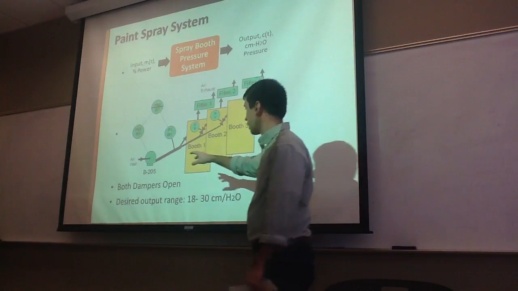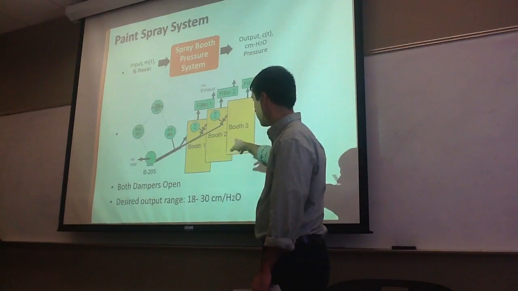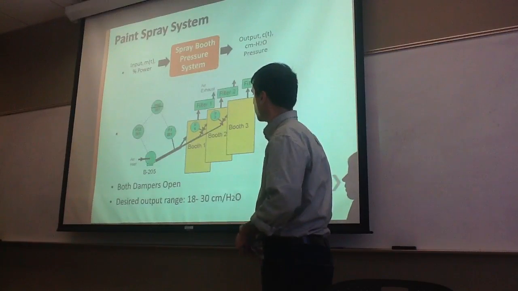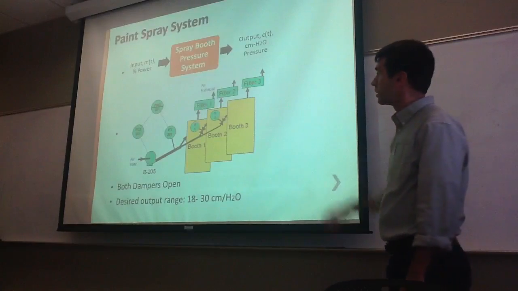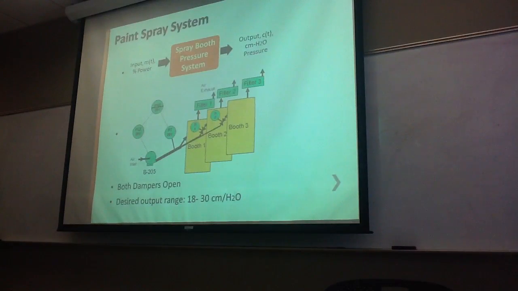It flows air through the ductwork, supplying the three booths here. And with our experiments, both the dampers are open. And the desired output is 18 to 30 centimeters of water.